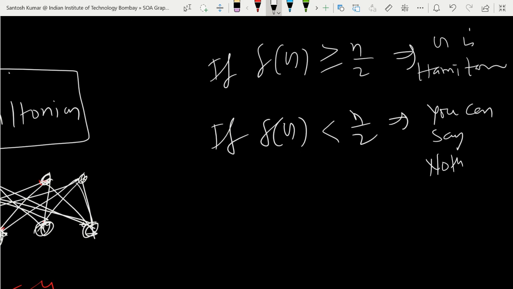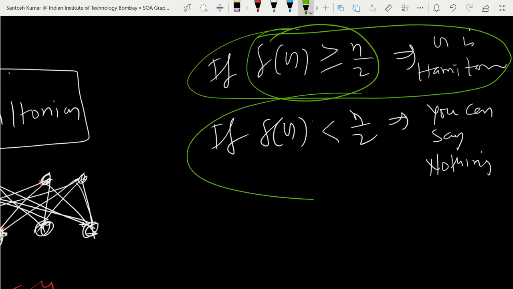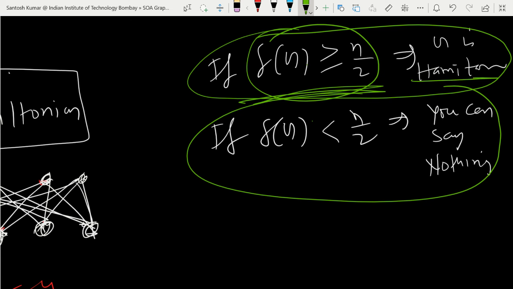Why? Because this was sufficient, not necessary. So if the first one does not hold, you can say nothing and you have to try another way. Only if this holds can you conclude something. If it doesn't hold, you can say nothing.